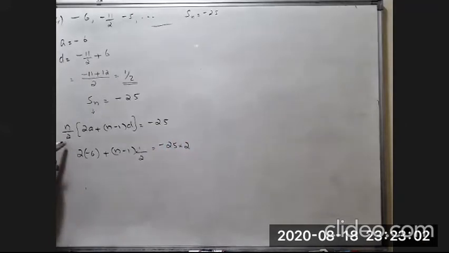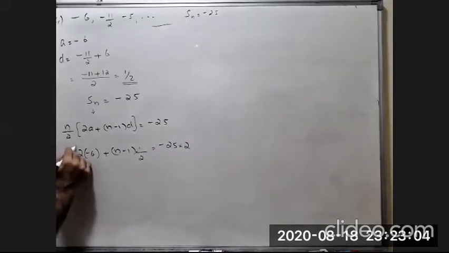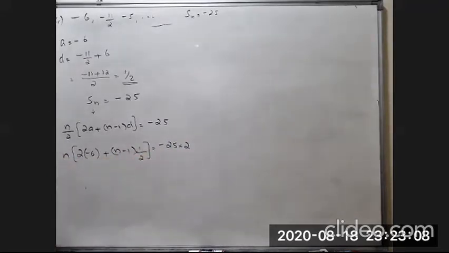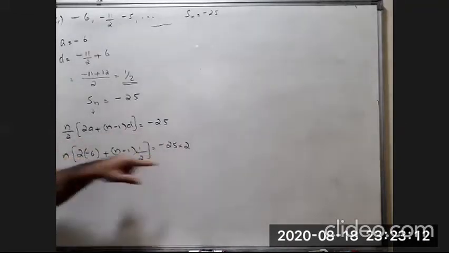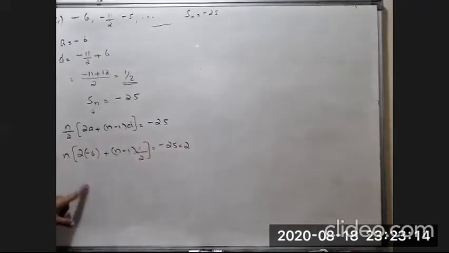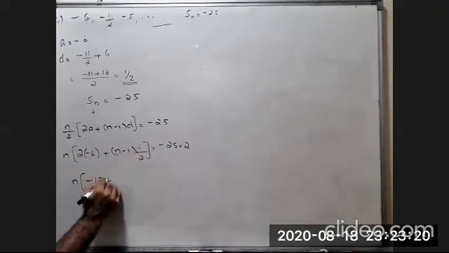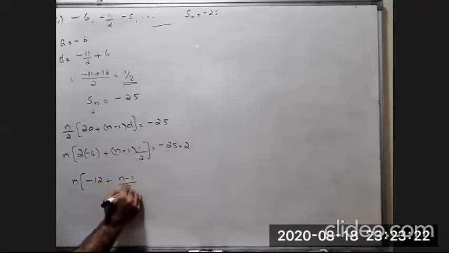Because of this n by 2. N is outside, out of n by 2, this 2 I cross multiply. This n is as it is. This is n into minus 12 plus n minus 1 by 2.